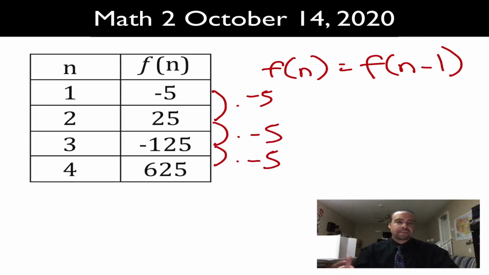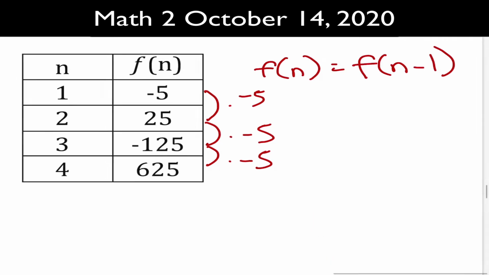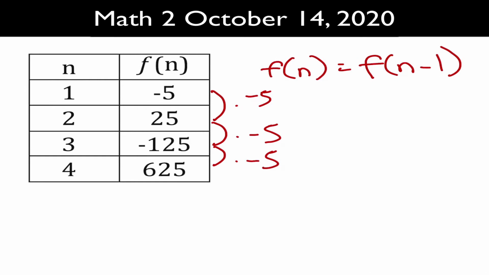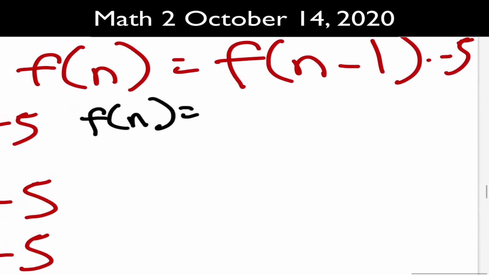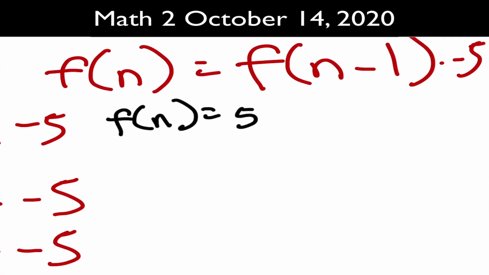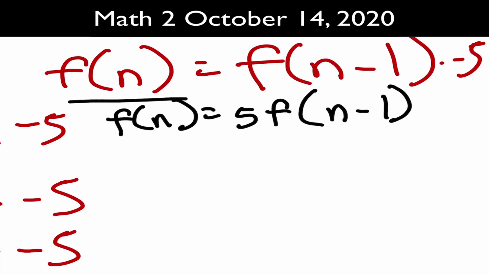My foundation is there, we're multiplying by -5 every single time. So I could say f of n equals f of n minus 1 times -5. Or if I wanted it to look a little bit cleaner, let's rearrange it and put that -5 in the front. So let's say -5 times f of n minus 1. Okay, let's go with that.